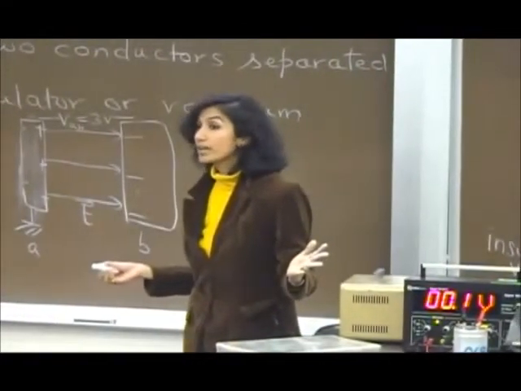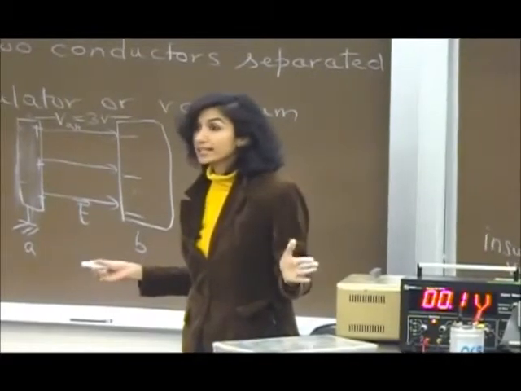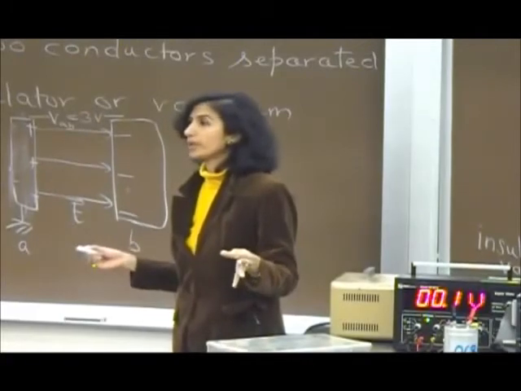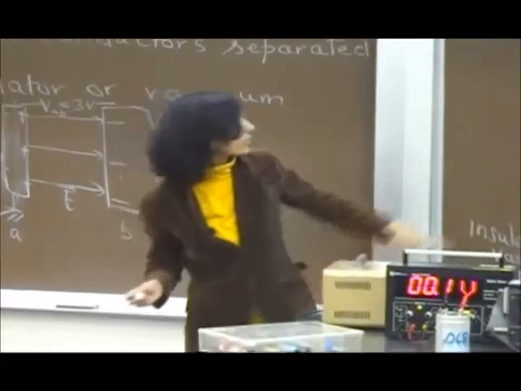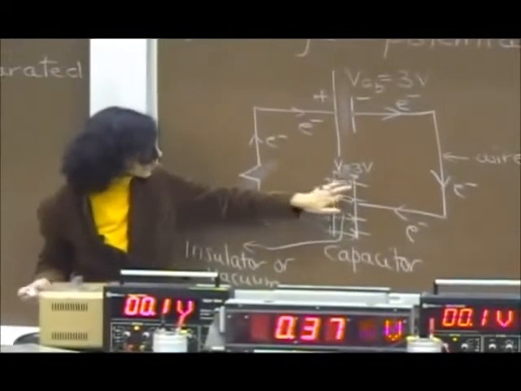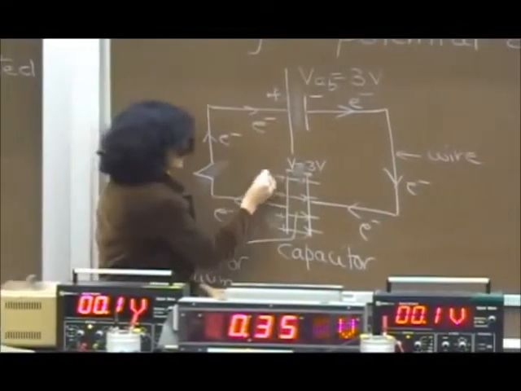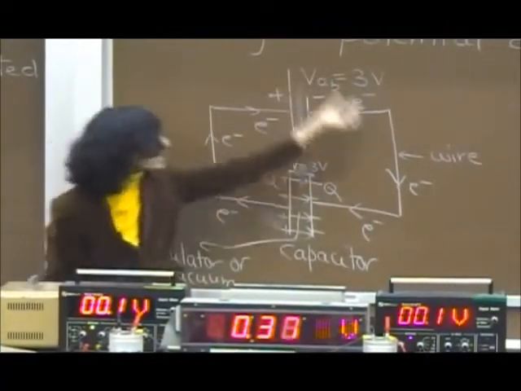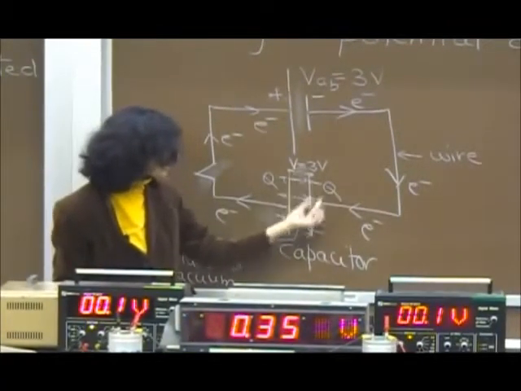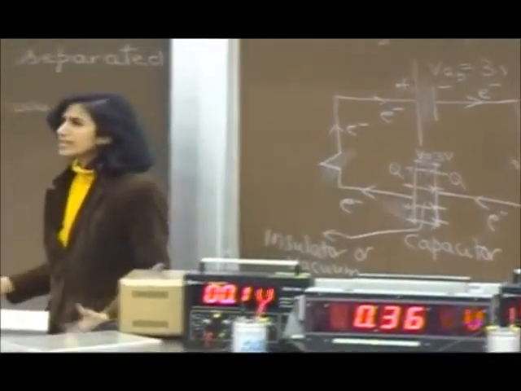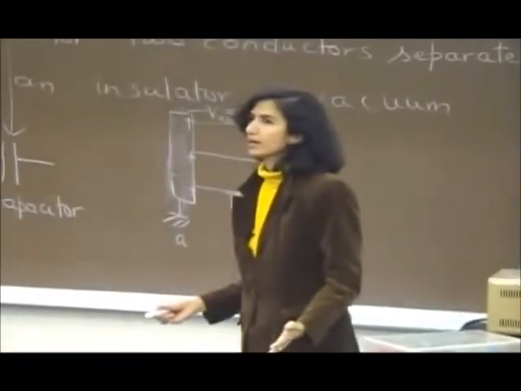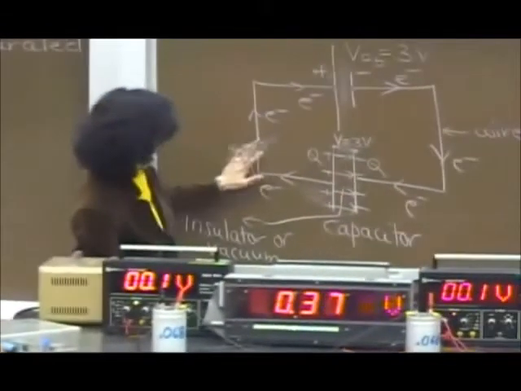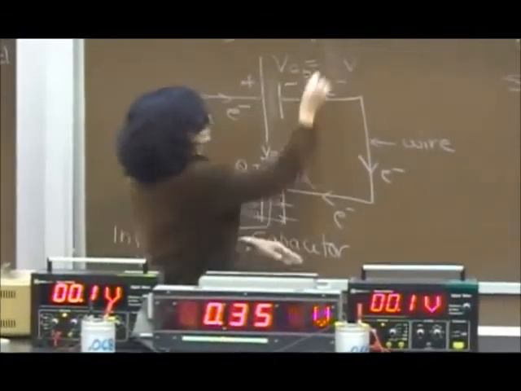The electrons don't move anymore, they stop accelerating, right? And at that point the current will stop. And then you say, okay, for this battery, that's the maximum amount of charge I can put on these plates. So this is plus Q, and an equal amount of electrons have accumulated here, that's minus Q. Is that making sense, folks? What do you think will happen if I change the battery voltage, make it 6 volts?